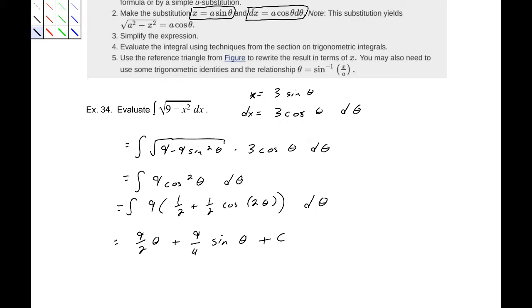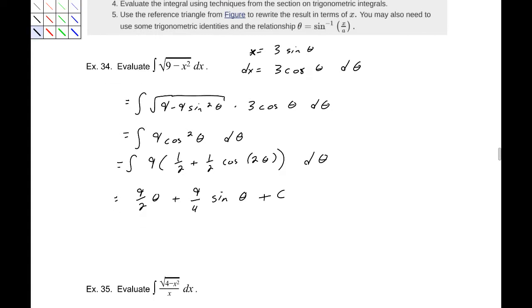So, next we need to take a glance at turning this back into terms of x. Based on our x equals 3 sine theta, sine theta equals x over 3.